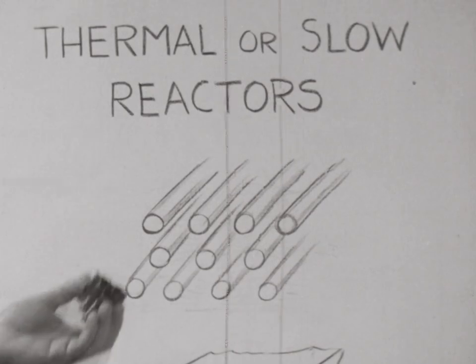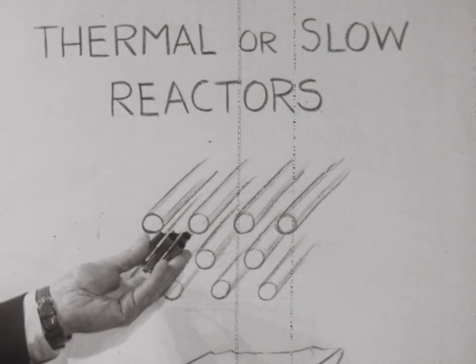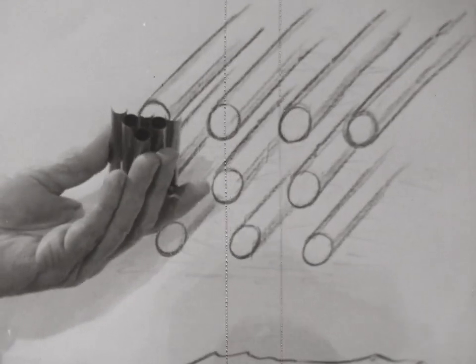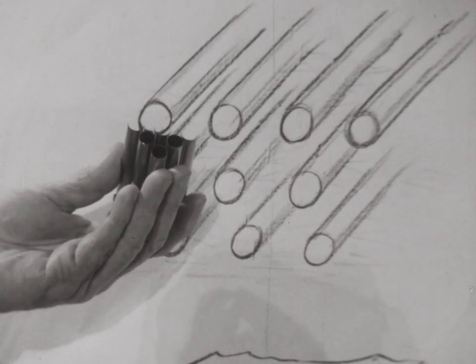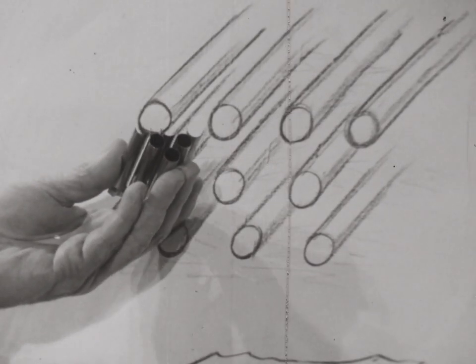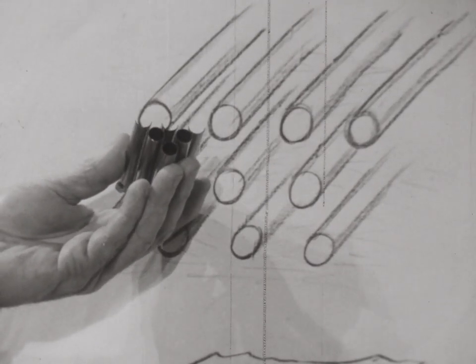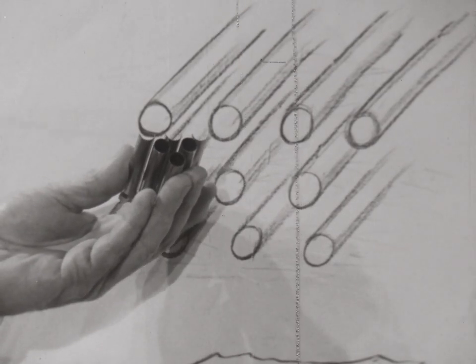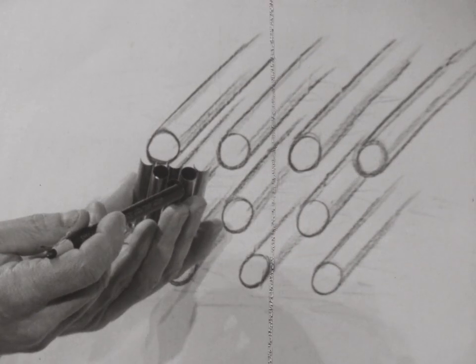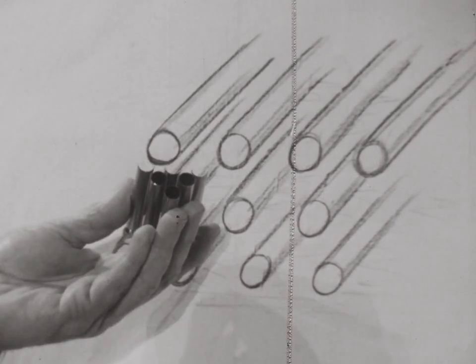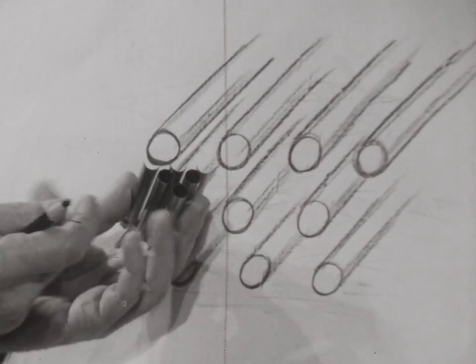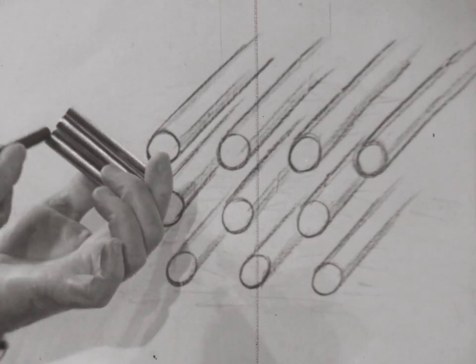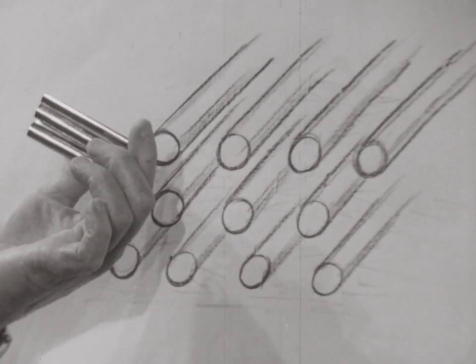I have here a small section, actually, of a fuel element which is used in the Shippingport reactor, which was placed in operation in 1957. These are the tubes of zirconium which contain the uranium inside. These are the spaces here through which the coolant flows, taking the heat out of the reactor.